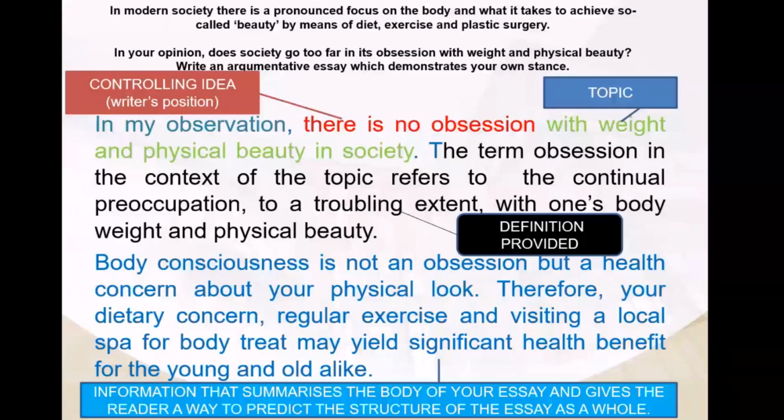These are not obsession, but a normal way of leading a healthy lifestyle, according to the student. So they may yield significant health benefit for the young and old alike.